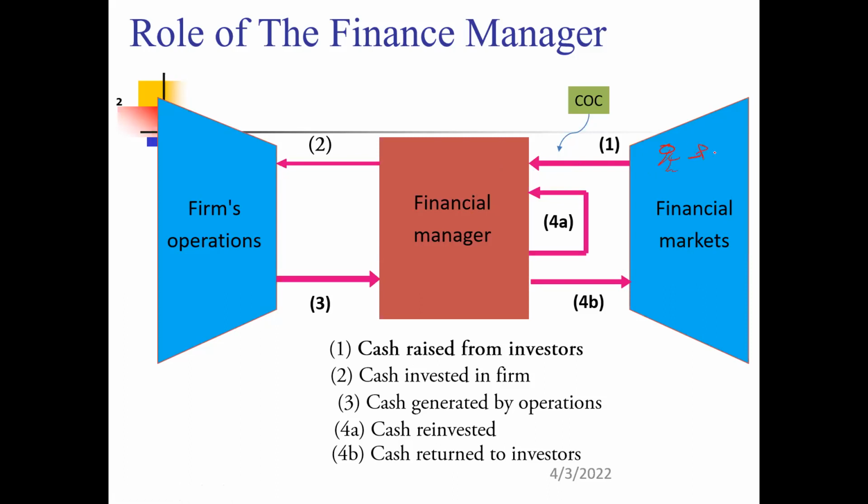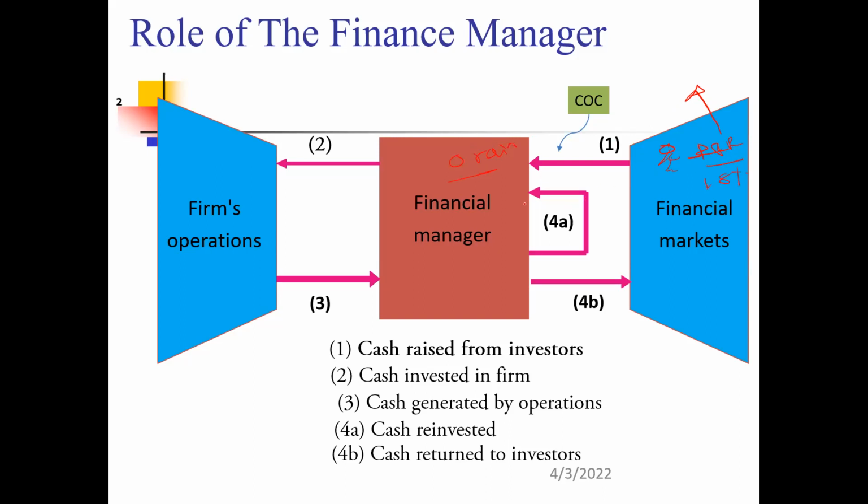they have their required rate of return. If I am an investor, I have my required rate of return. If I am going to invest in the ordinary shares of that company, I have my required rate of return of 18%.